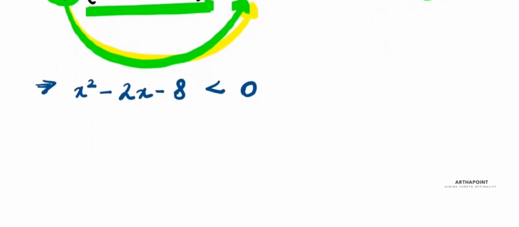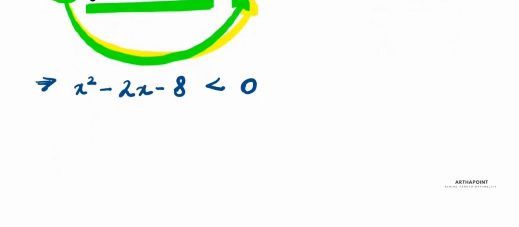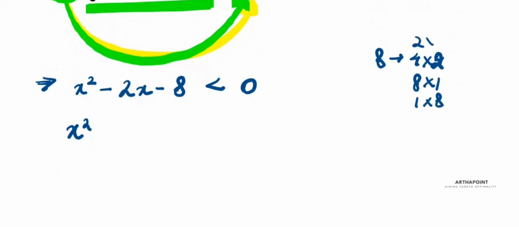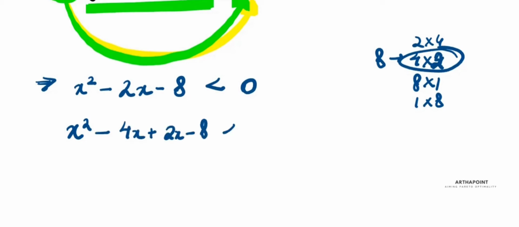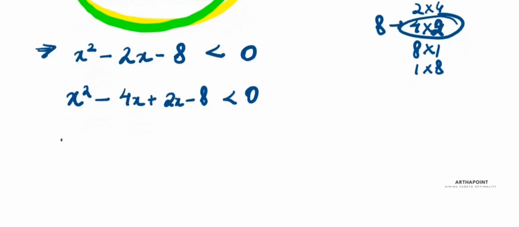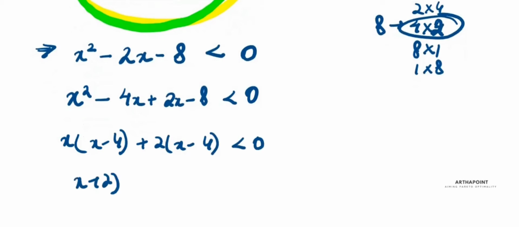If I use completing the square method on this, factors of 8 can be 4 into 2, 8 into 1, 1 into 8, 2 into 4. So I'll use the factors of 8, this one, and I will say x square minus 4x plus 2x minus 8 less than 0. So I will say x into x minus 4 plus 2 into x minus 4 less than 0. I will say x plus 2 into x minus 4 less than 0.